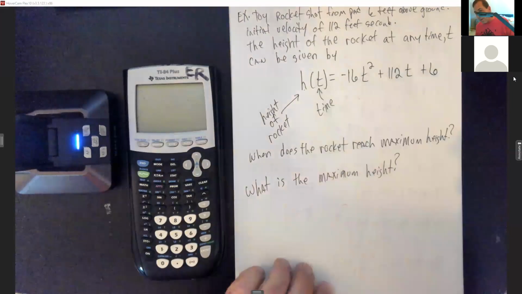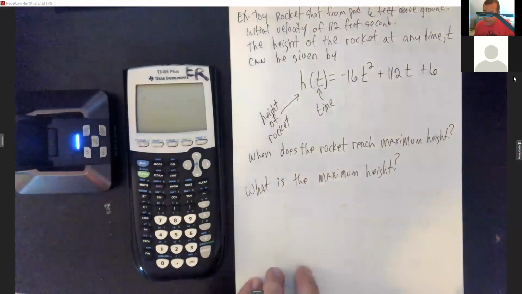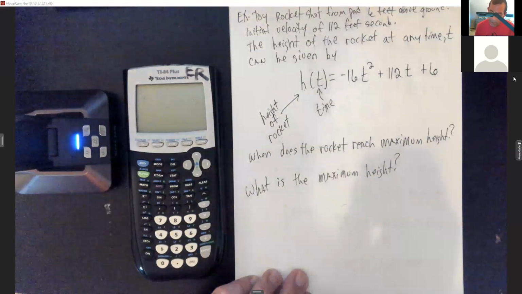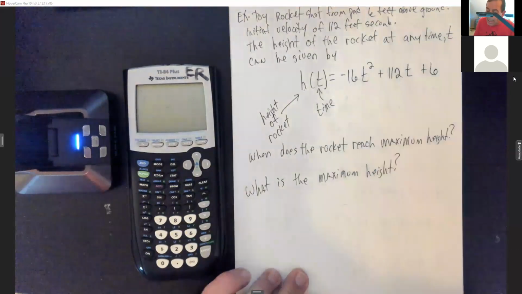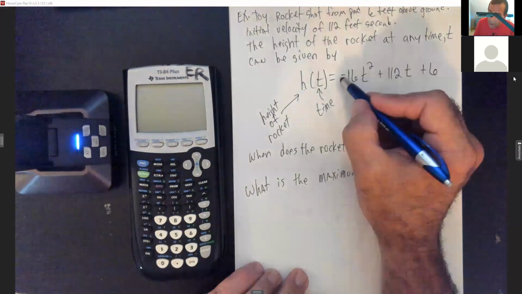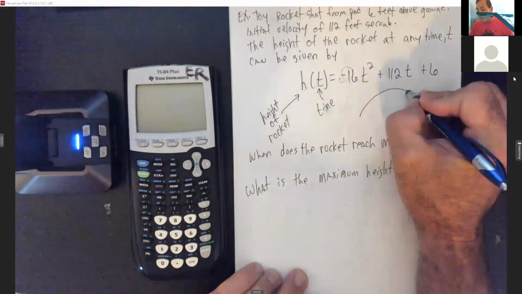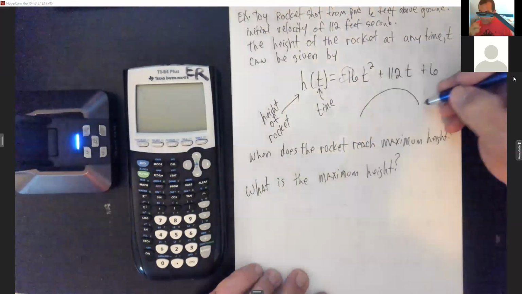So one formula will solve both of these, which is my vertex formula. Because remember, the vertex finds the min or max. And since that's negative, I know this is going to go up, get a max, and then it's going to fall back down to ground, okay?